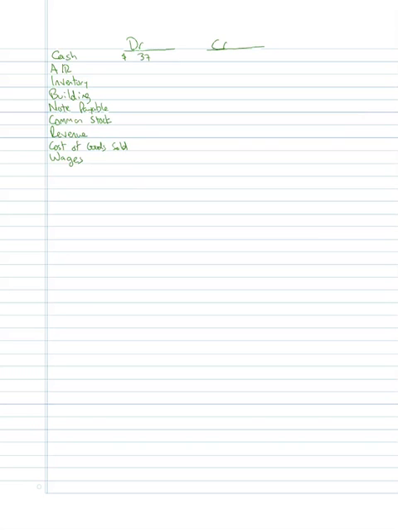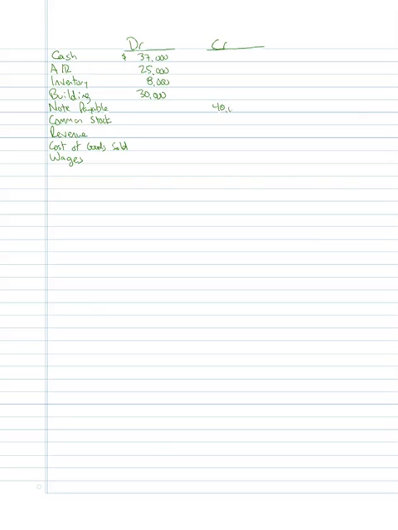What we'll do is simply transfer the ending balances of each of these accounts into our trial balance. Cash ended up with a net balance of $37,000 debit. AR had a $25,000 debit balance. Inventory had an $8,000 debit balance, and our building account had a $30,000 debit balance.